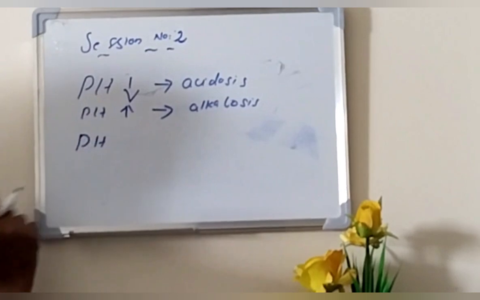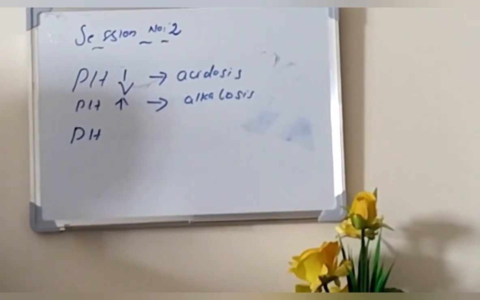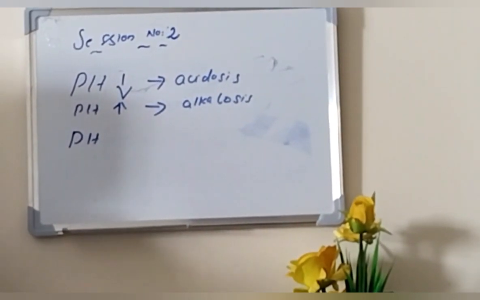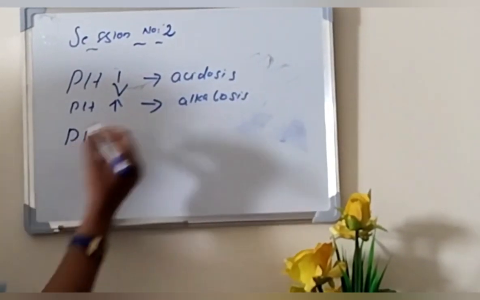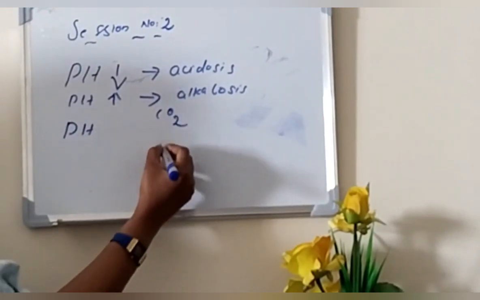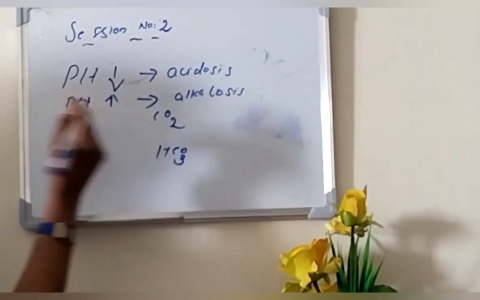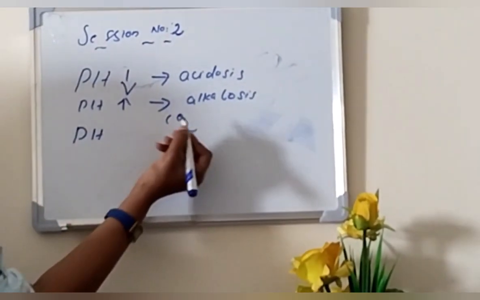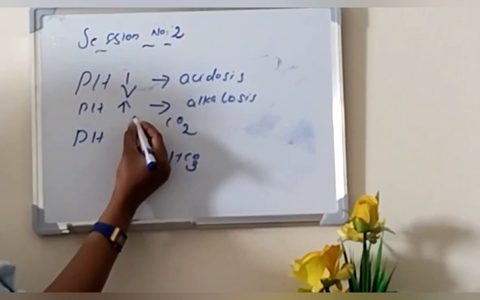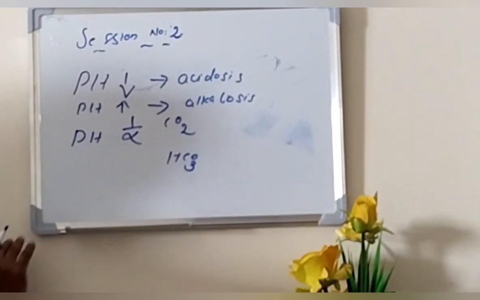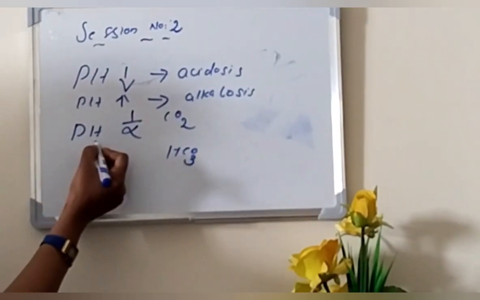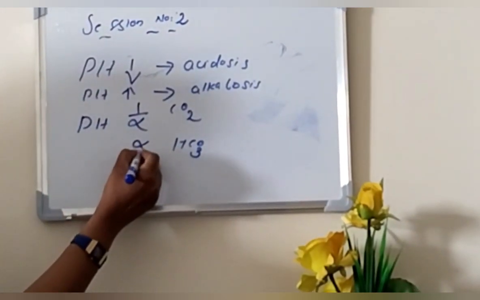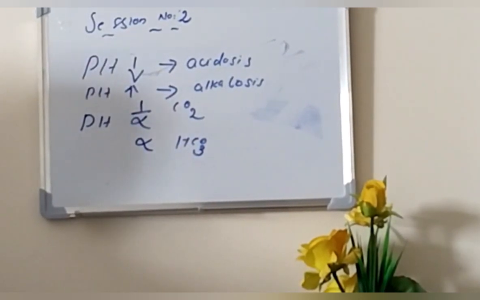pH, the different conditions, that's alkalosis and acidosis. It's related to the three components of ABG, that is the pH, CO2 and bicarbonate of blood. The relation is pH is inversely proportional to CO2. The pH and bicarbonate relation is pH is directly proportional to bicarb.